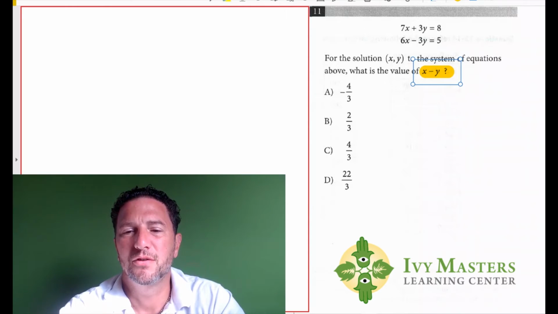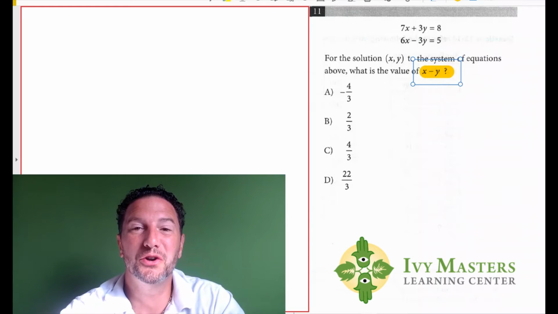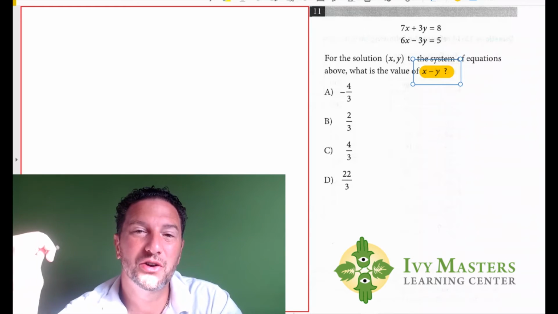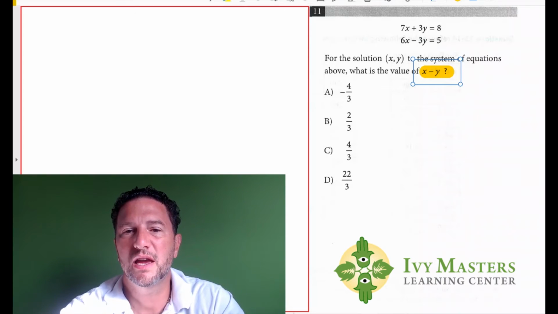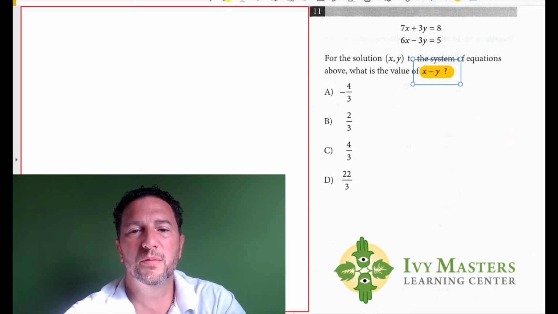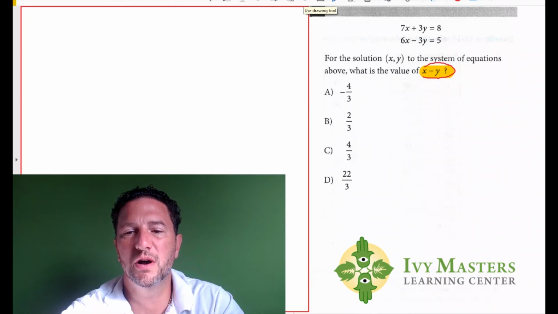Now, for this question in particular, I'll tell you what shortcut could work, but it doesn't work for this, which is it's asking you not for x, not for y, but for the value of x minus y.